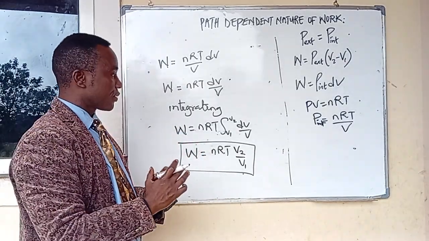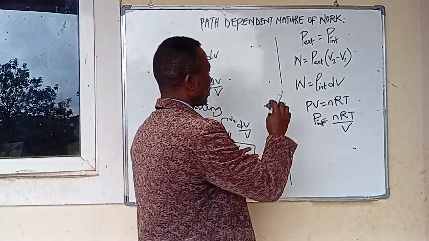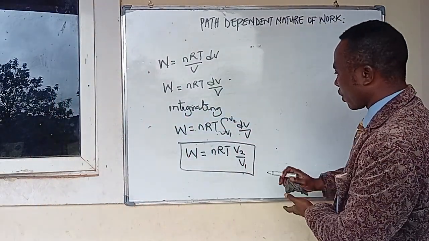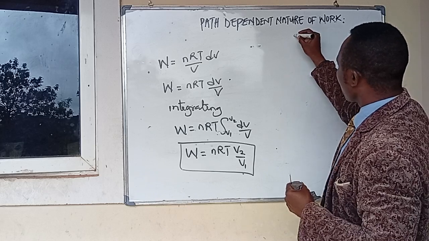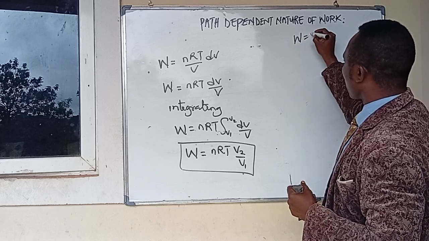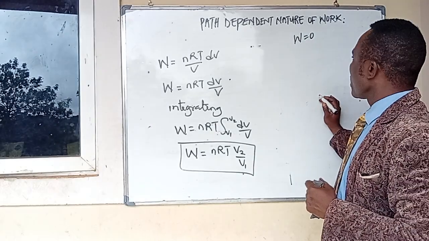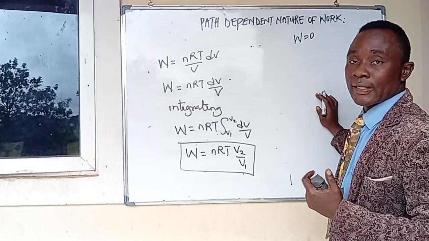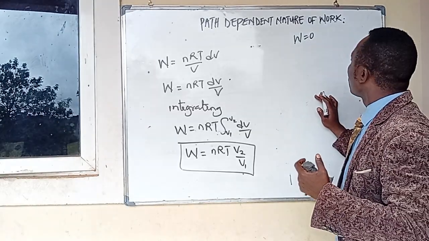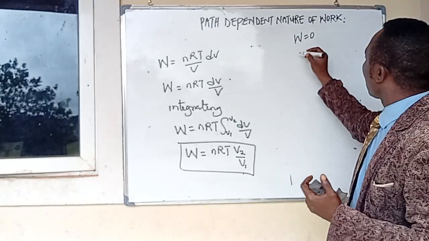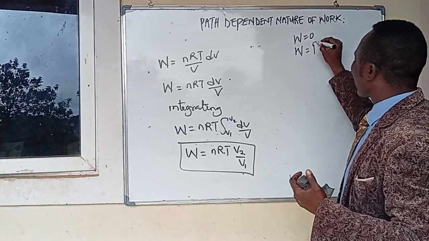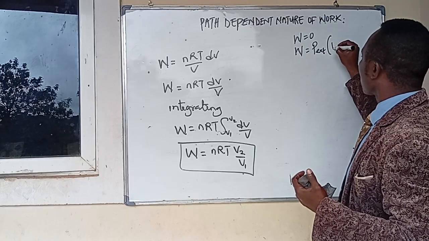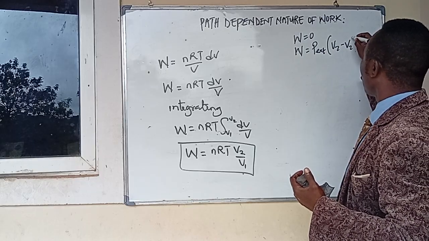So in summary, if a gas expands against a vacuum, the work done will be equal to zero. If a gas expands against a constant exterior pressure, the work done will be the exterior pressure multiplied by the change in volume.